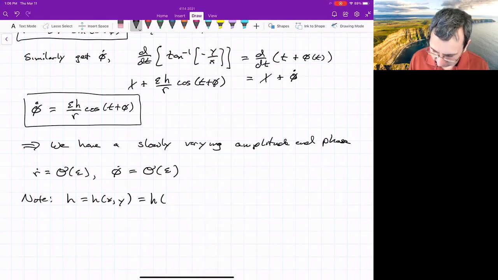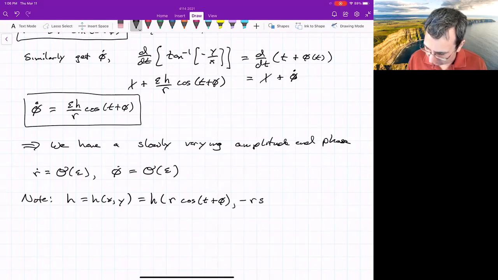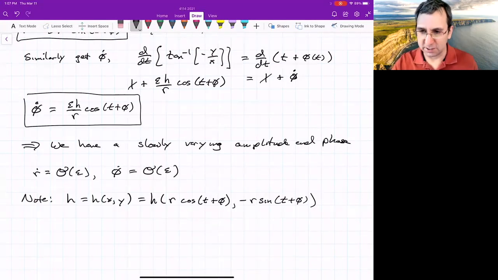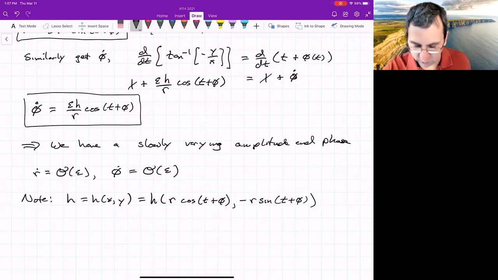So this is h of r, which is time varying, cosine(t plus phi), and then negative r sine(t plus phi). And we could turn our system for r dot and phi dot into something that we can solve, maybe even use the methods from before, like either 1D ODEs or maybe phase plane for these slowly varying things.